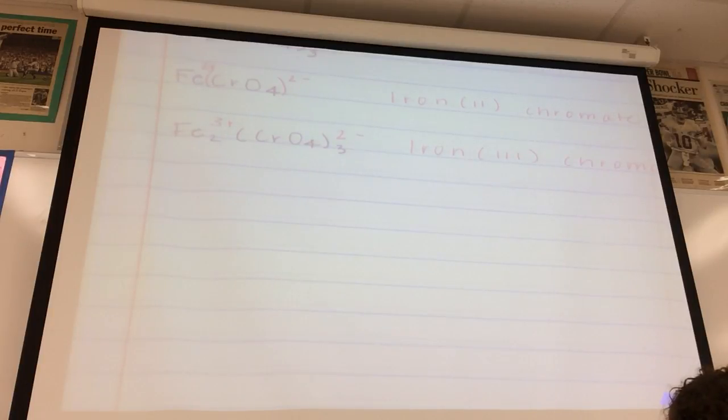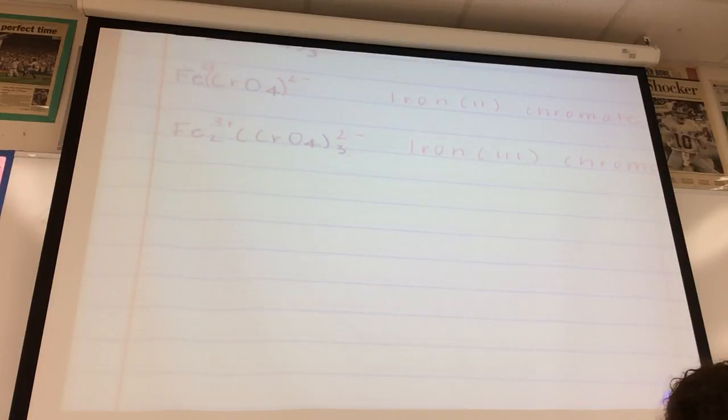Again, you're going to write the cation and anion side by side, but if you have a polyatomic ion, put it in parentheses with the charge on the outside top right corner.